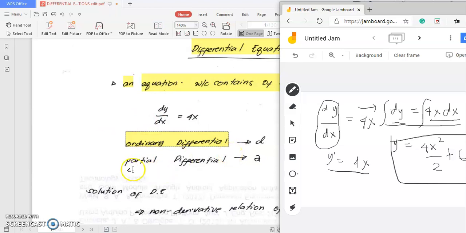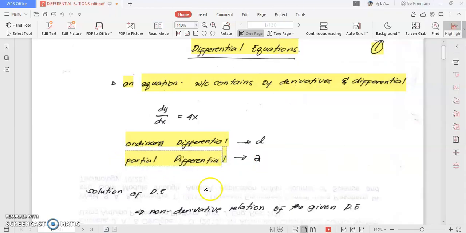But if your differential equation contains these partial symbols, or alpha or other symbols, that is called a partial differential equation. If you could recall your integral calculus, those who are under me or under other faculty and professors, at the time we discussed partial integration and total integration.